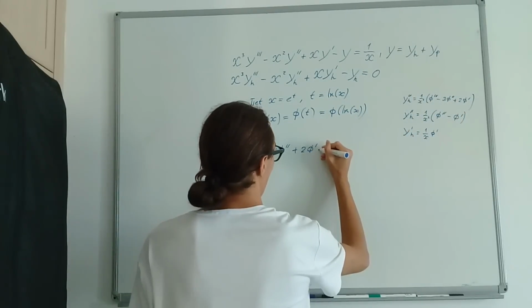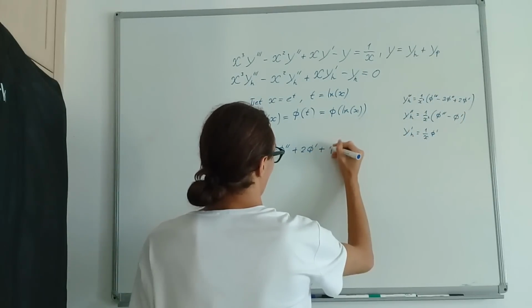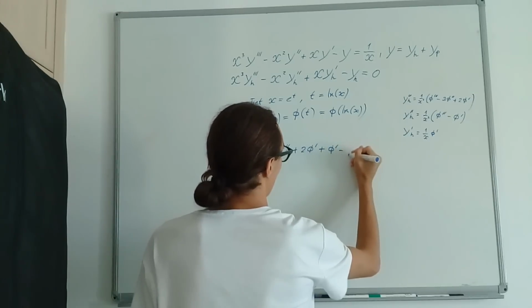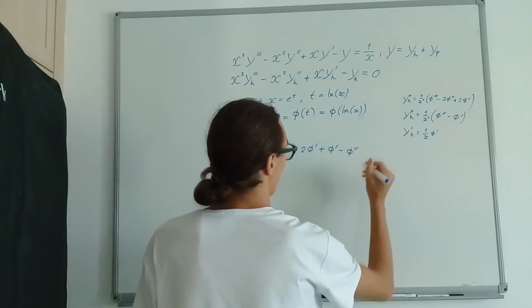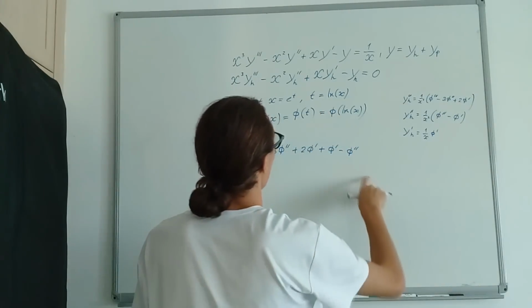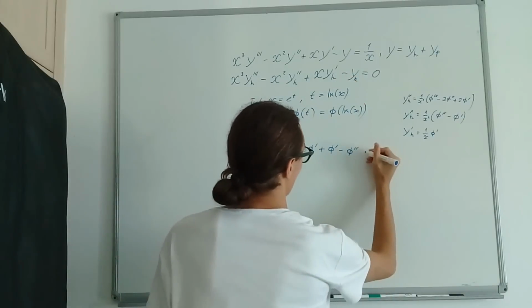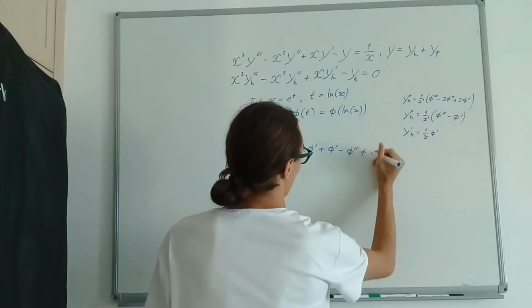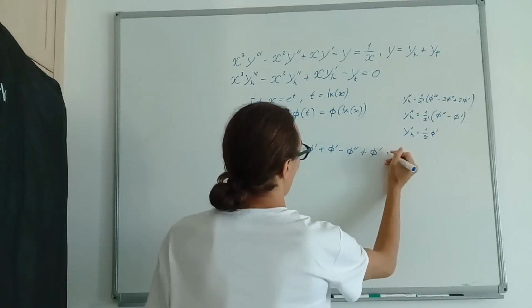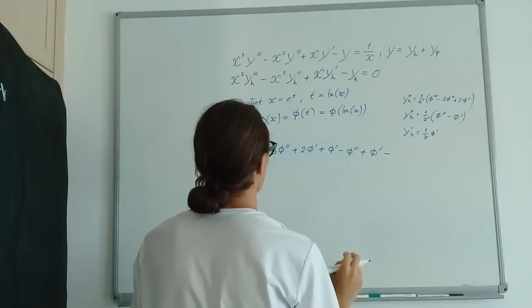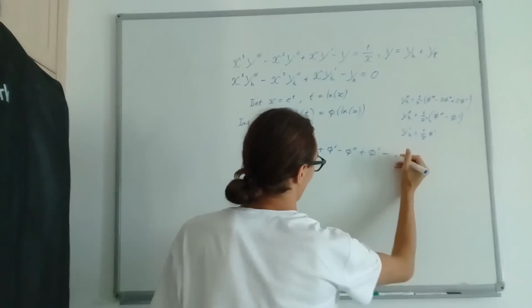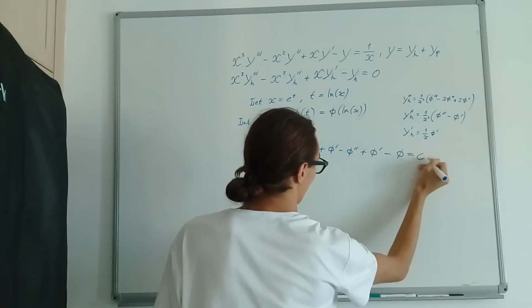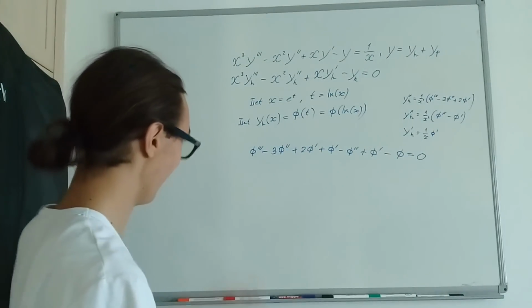So we get plus phi prime minus phi double prime. And now lastly, plus the x is going to cancel out, phi prime, and minus y. But what's y? 5t. All equal to 0.